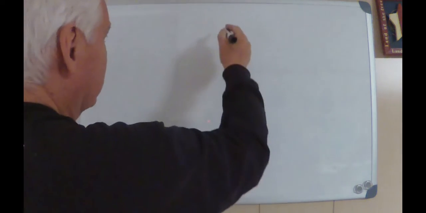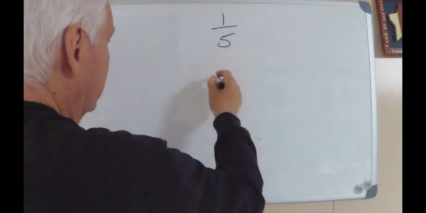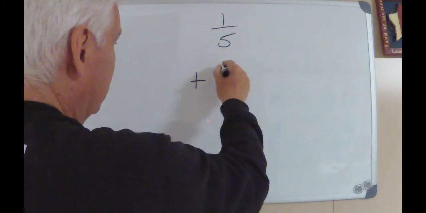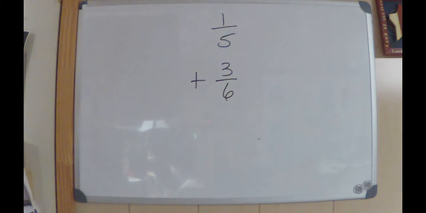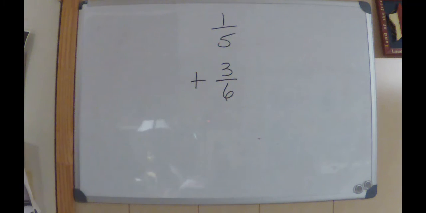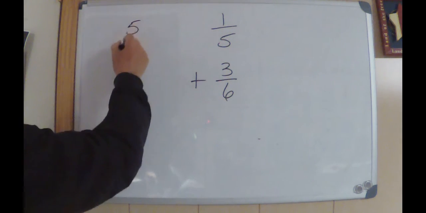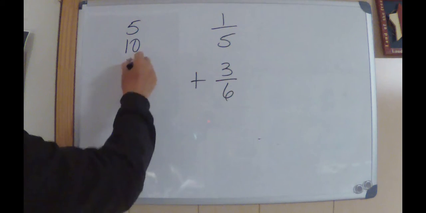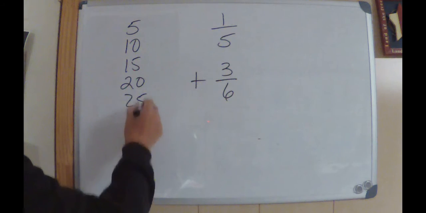If I was going to get more complicated, if I had, say, 1/5 plus 3 over 6, now I'm going to have to do some skip counting because I really don't have anything that's going to be the same. So if I skip count my 5s, I'm going to go 5, 10, 15, 20, 25, and 30.